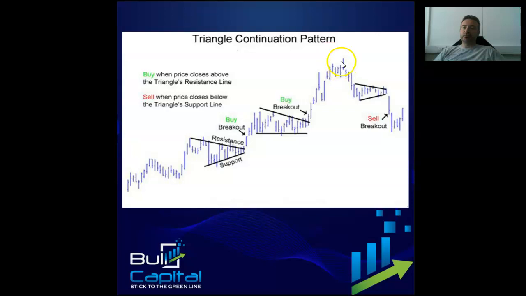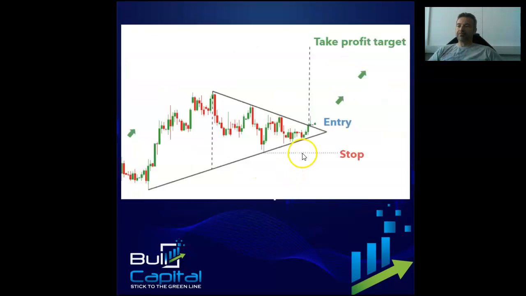If price comes from above and then we get a triangle, it will most likely go down. It's all about chances. It's possible to go either way, but this is about probabilities. So in this scenario, it's always much more likely that it will go that way.